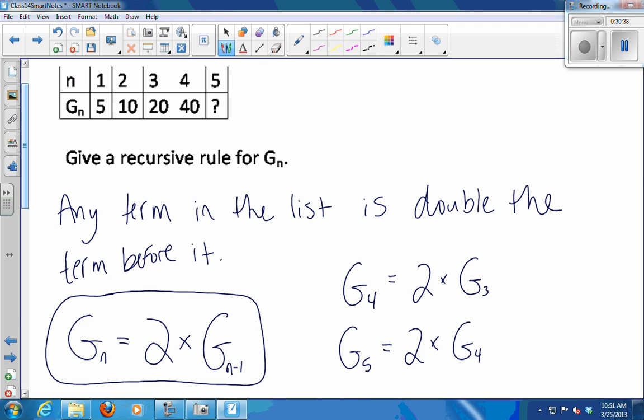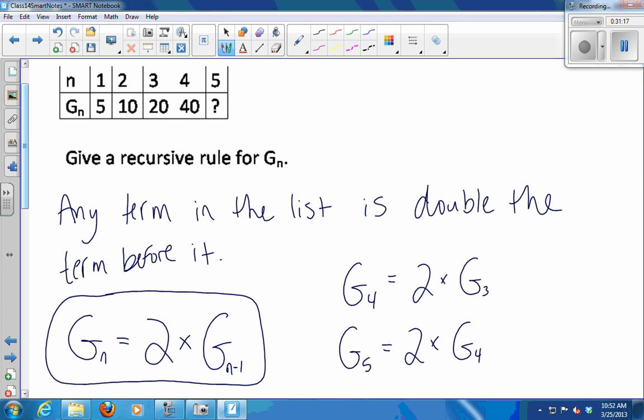She said the subscript is the place in the list. So to find G sub n, the value at any given place in the list, n is just representing some place in the list. You always do 2 times the place right before it. If n was 8, the place right before it would be G7, so you always do n-1 to get the place right before it. 8 minus 1 would be 7.